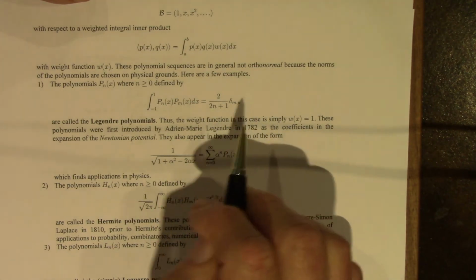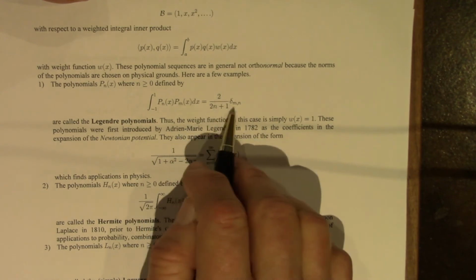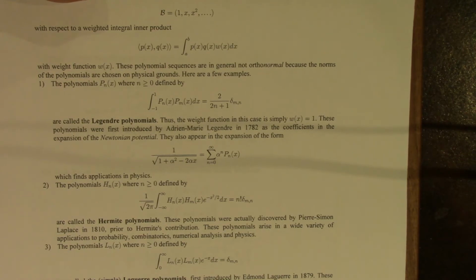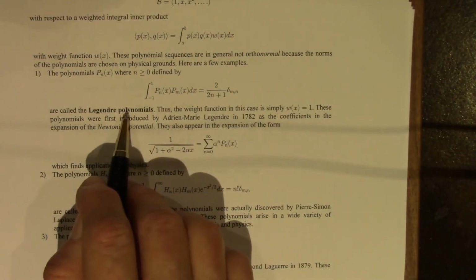So the norm of each of these polynomials is the square root of 2 over 2n plus 1. So again, they're not normalized. By definition, their norm is chosen on some other grounds. These polynomials are called the Legendre polynomials.